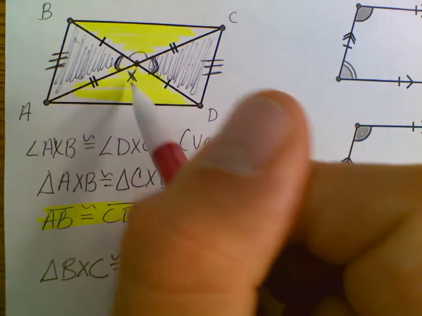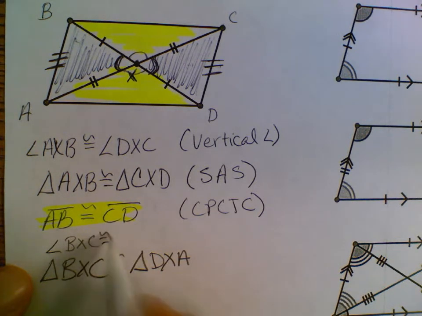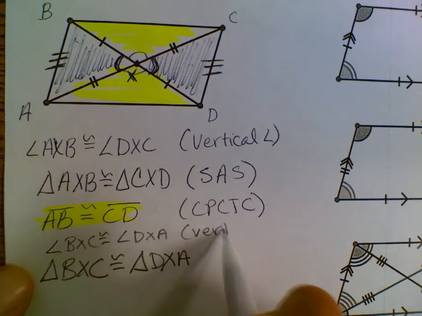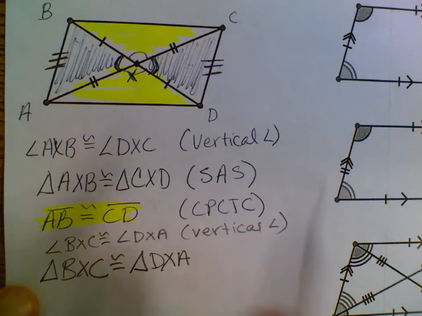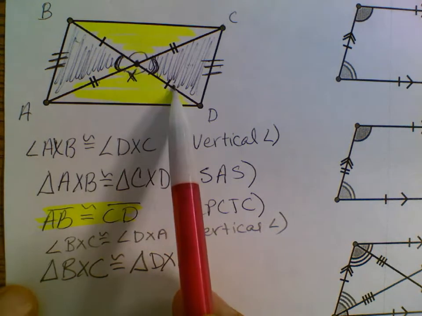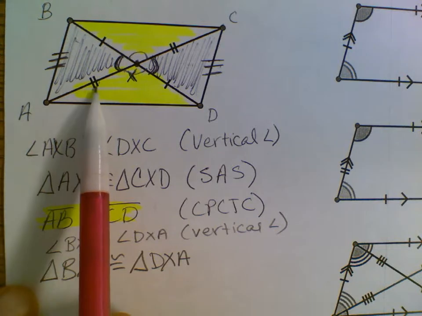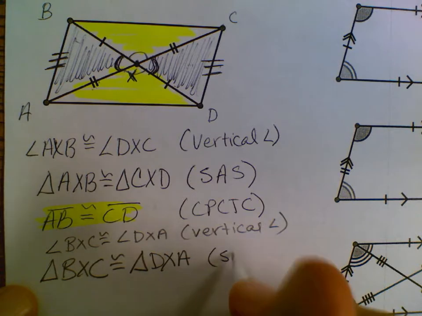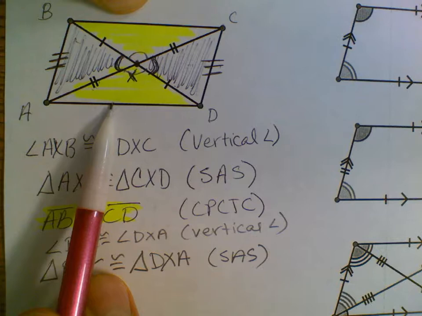These angles are congruent by vertical angles, and technically we should say that first. Angle BXC is congruent to angle DXA by vertical angles. And then after that, you can say that the triangles are congruent by side angle side. And now you've proven that the top and the bottom sides are equal.